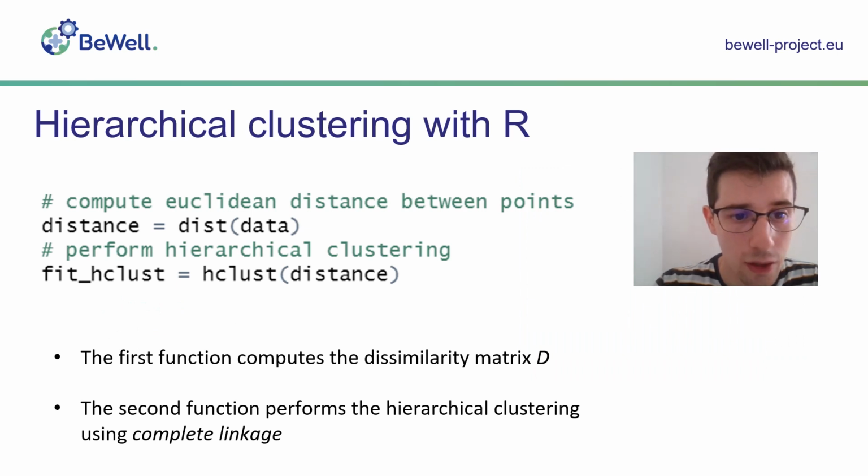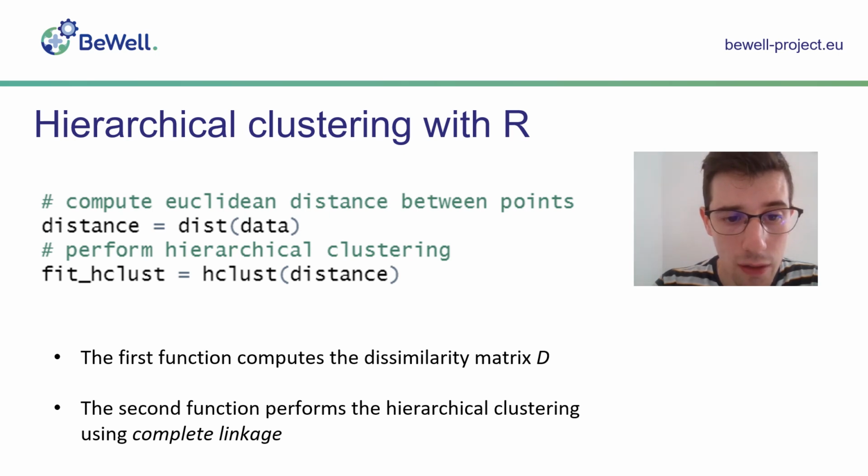This slide shows how to perform hierarchical clustering with R. It is very simple to use since it only requires a single input, which is the dissimilarity matrix. To compute such a matrix, it is enough to use the dist function on our data. This function automatically computes the distance between each possible pair of points in the dataset.